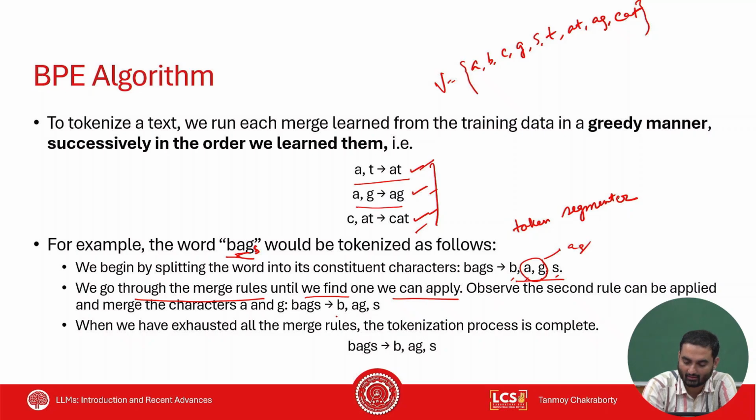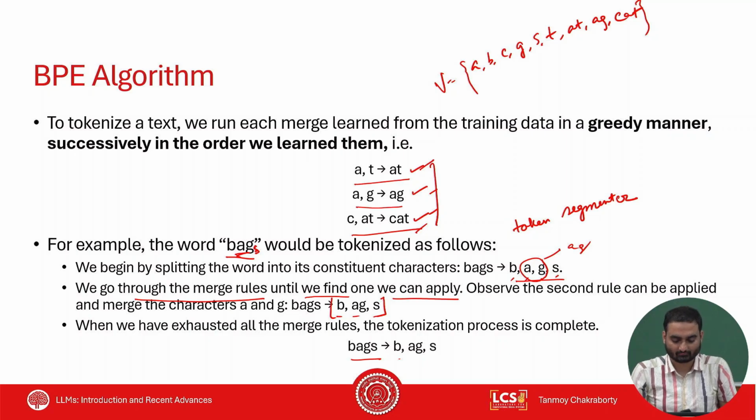The updated set of tokens will be B comma AG comma S. Now let's see whether I can apply some other rules. Of course, C comma AT will not be applied. So the final tokens for the word BAGS are going to be B comma AG comma S. Okay, and this will be fed to the transformer or to the RNN method, right?